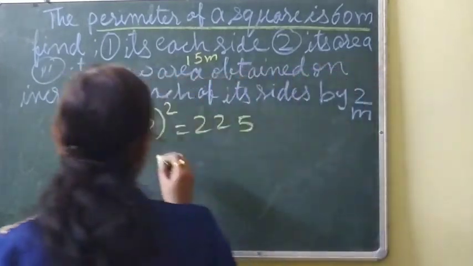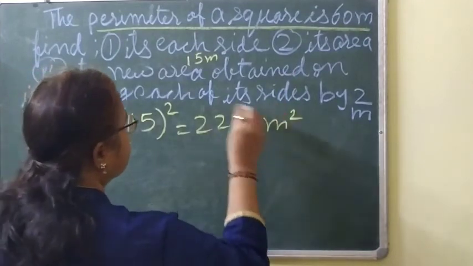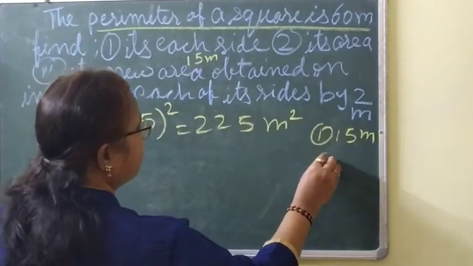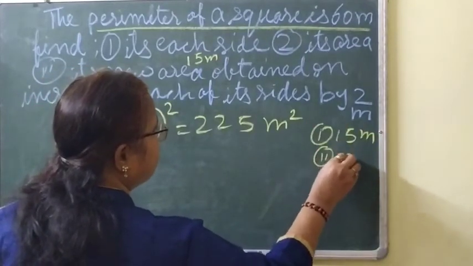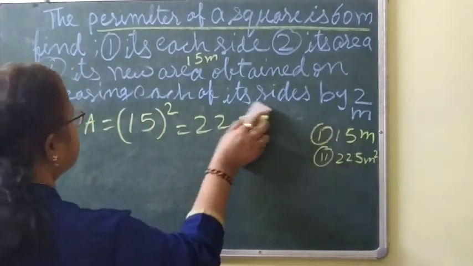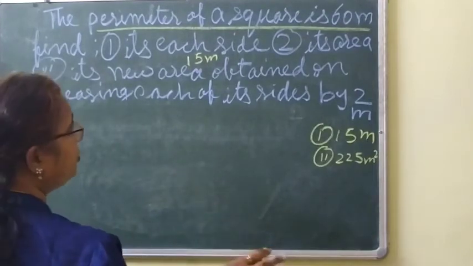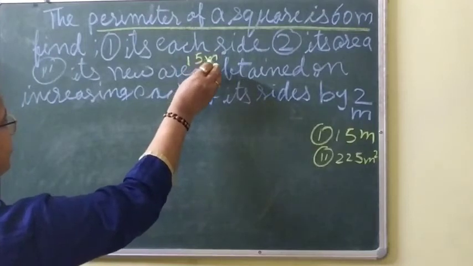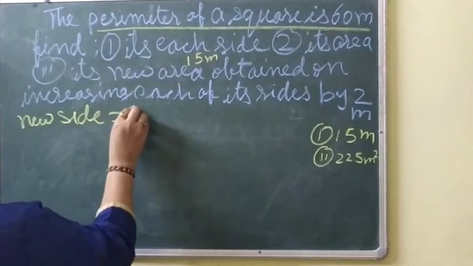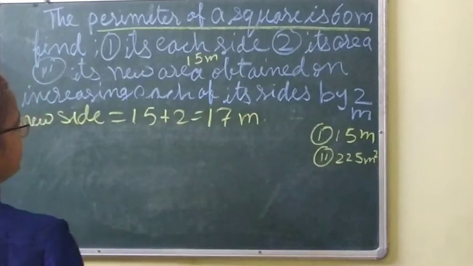Okay. So here 225 meter square. So the first answer you got here, 15 meter. Second answer you got here, 225 square meter. Now next is its new area obtained on increasing its each side by 2 meter. So earlier it was 15 meter. So new side will be equal to 15 plus 2, that is 17 meter.